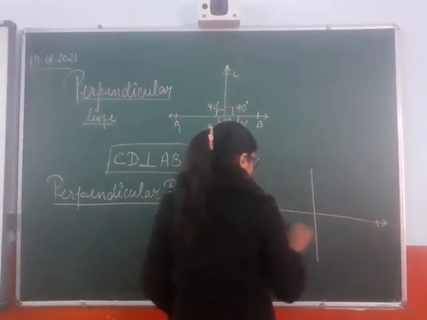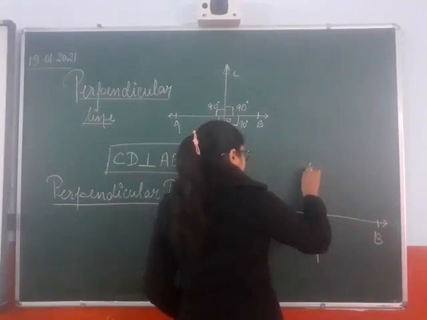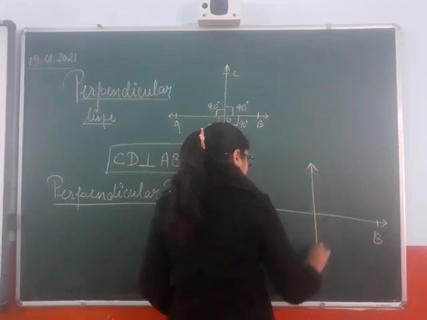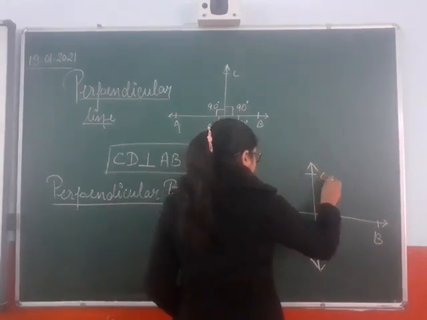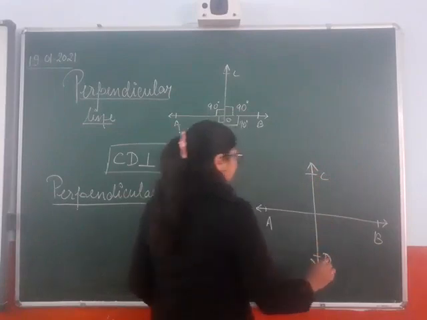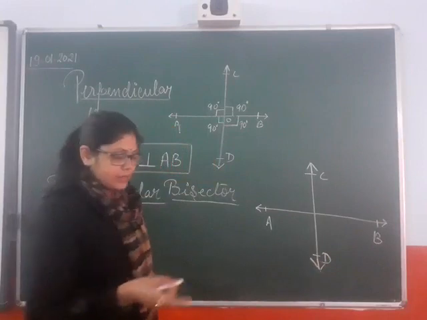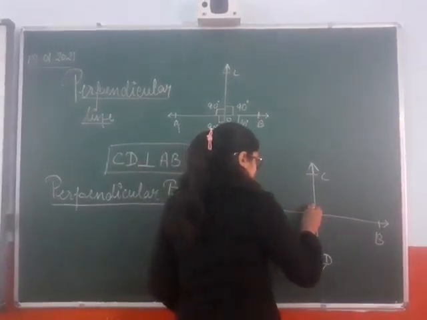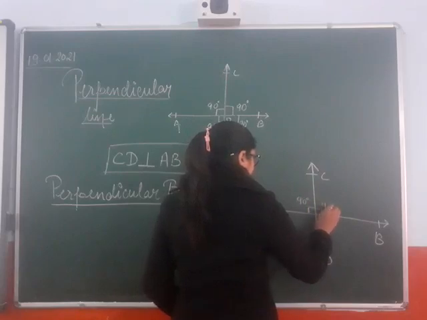This is a line AB, and this is a line CB. They are standing on one another. Perpendicular, that means of course they will make a 90-degree angle, because they are perpendicular to each other.